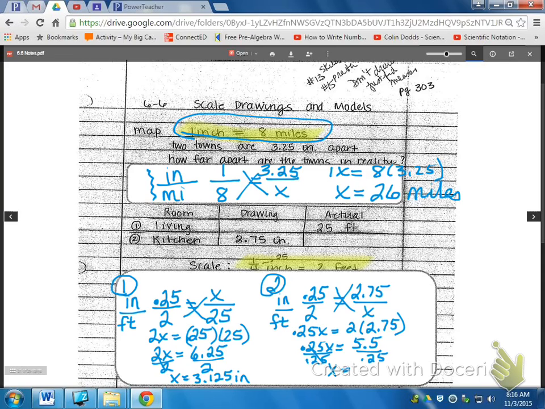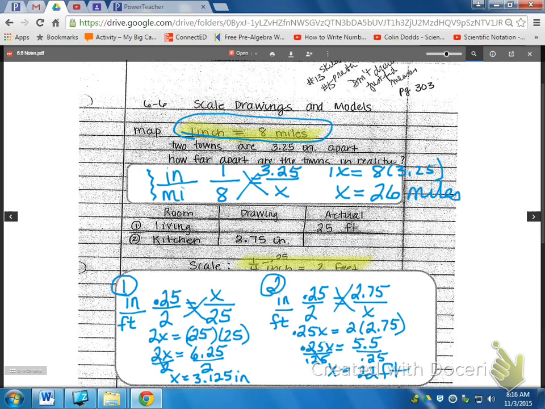And it would be, I believe it's 22. Is that what you got? Did anybody do it? 22? 22, and how would I label that? Feet. So the kitchen is really 22 feet long. 22 feet.